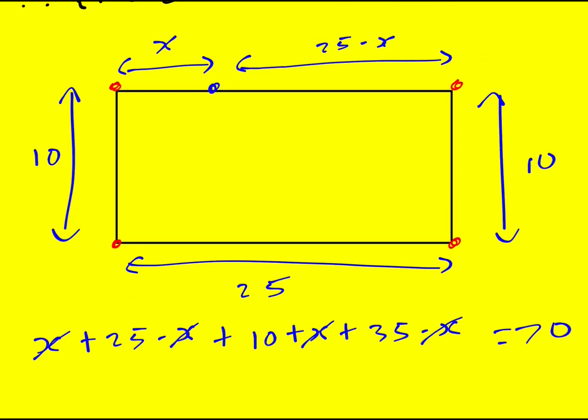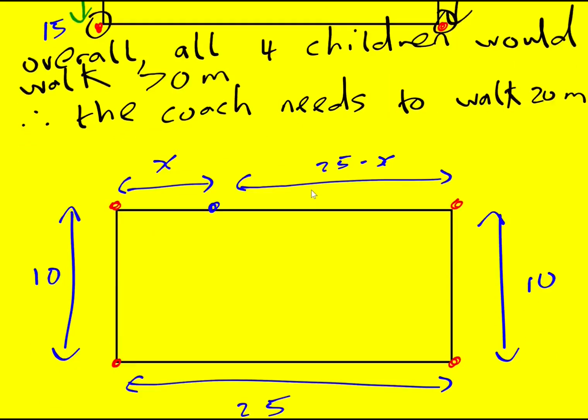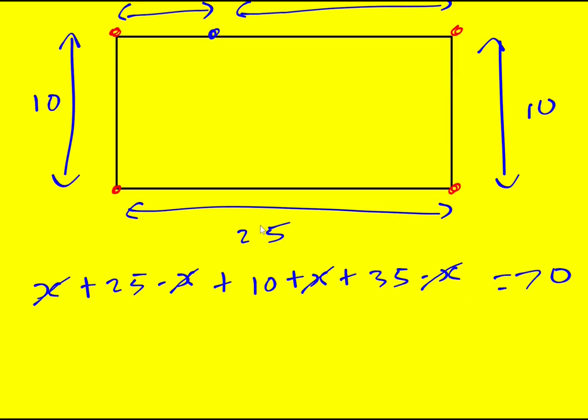It's just not realizing just by looking at it that a pair of them in opposite corners walk half the perimeter. It's kind of like doing it algebraically, and then you'd have to realize, oh, okay, yeah, that's what's happened. So it must be that because 3 of them have walked 50, then x is equal to 20. Okay, so actually that way of doing it is okay.